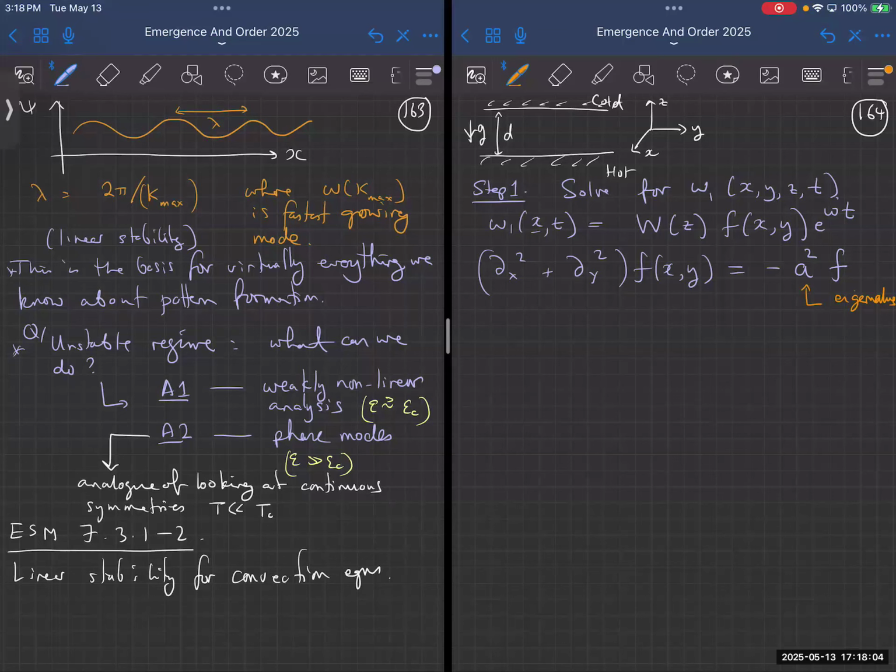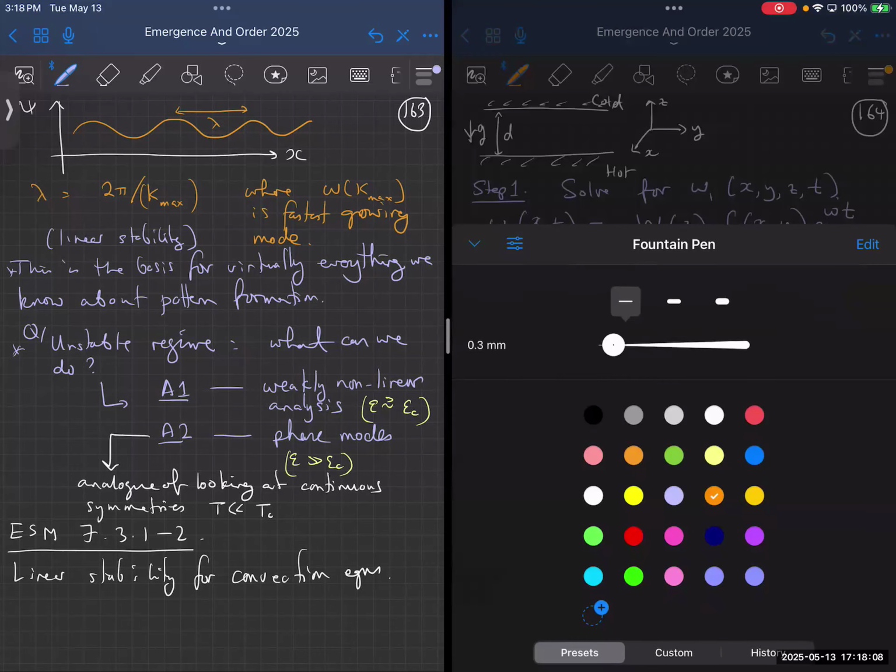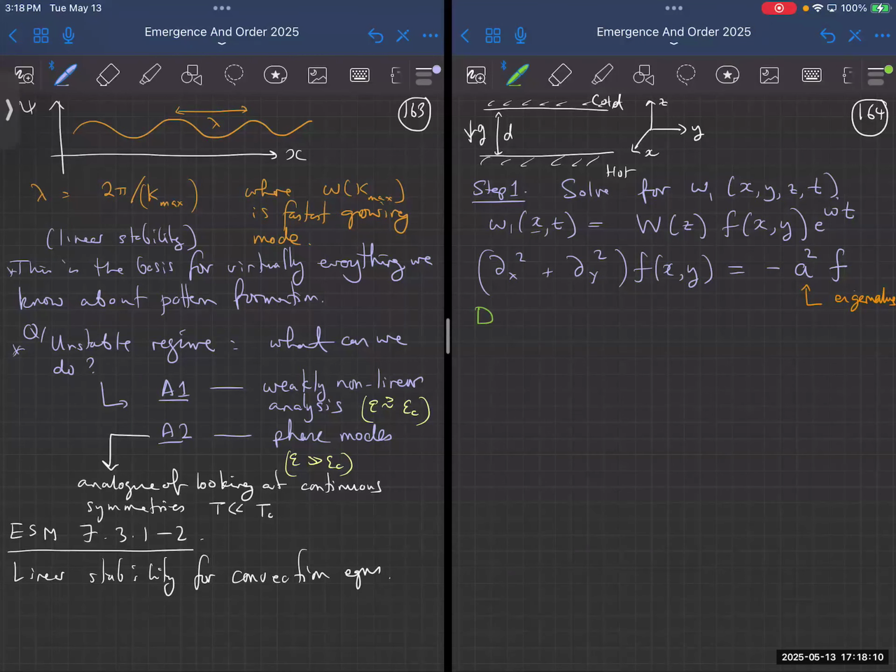So we're plugging this into our Navier-Stokes equation. I'm going to use the notation d for the operator d by dz.